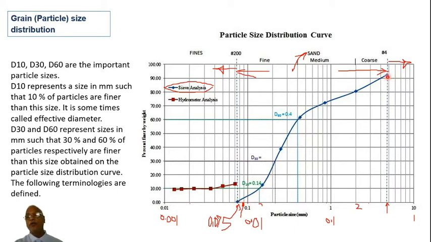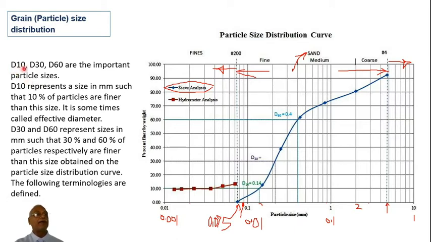This can go a little beyond this, up to 10 mm we can go, right? So sieve analysis points will range from this to this. And if you have a size distribution lesser than this, then it will be because of sedimentation analysis or hydrometer analysis.